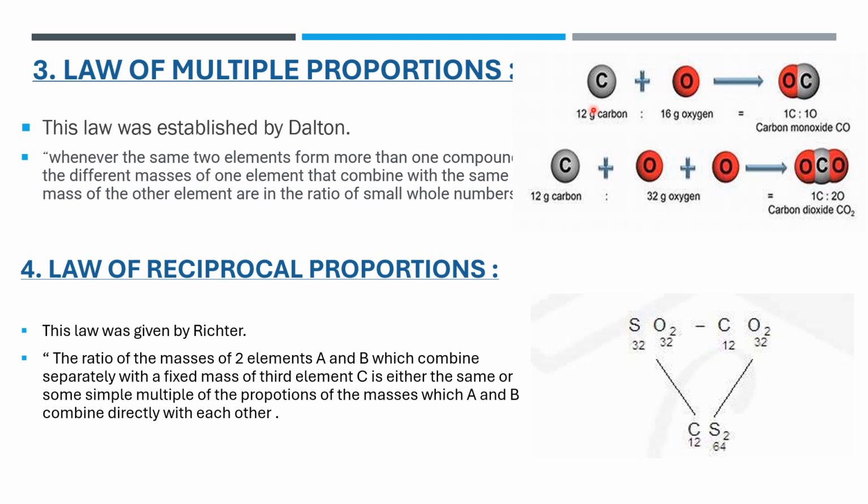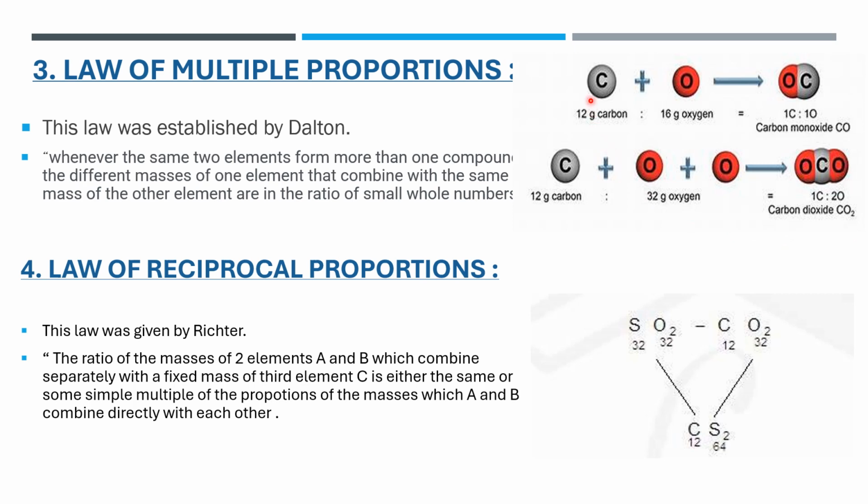Here one carbon atom and one oxygen atom react to form carbon monoxide. Here, 12 gram of carbon and 32 gram of oxygen, that is 16 gram of one oxygen and 16 gram of another oxygen, will form carbon dioxide, CO2. One carbon, two oxygen, carbon dioxide.